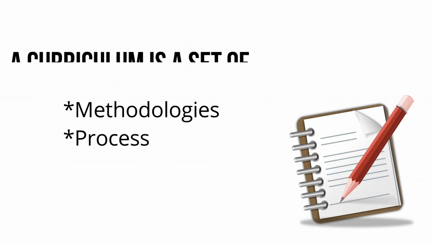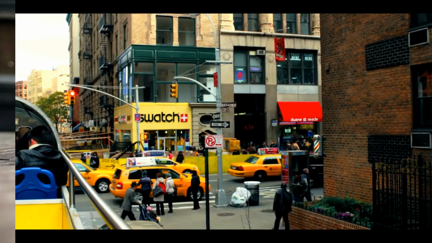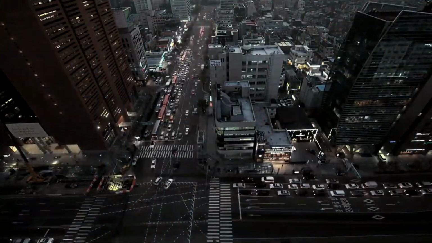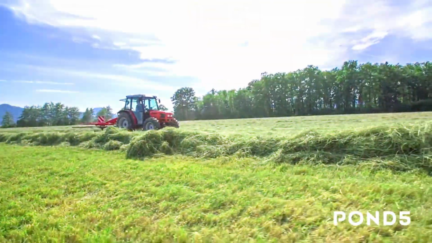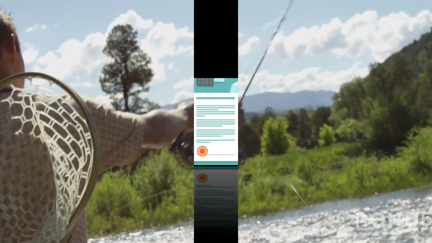A curriculum is a set of criteria, programs, methodologies, and processes that contribute to the integral formation, and it depends on the view of the region, nation, and cultural identity. For example, it includes human aspects, behaviors, emotions, something like that.